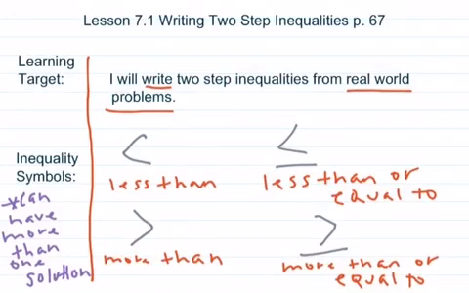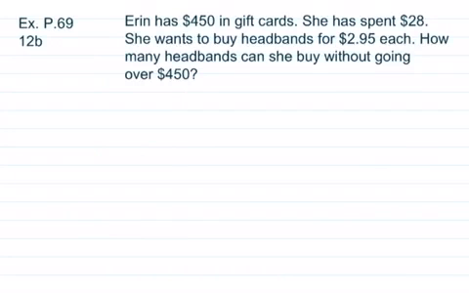Now that we have the symbols cleared up, and again, this should be a review from last year, let's look at a word problem and actually write our inequality. This word problem is out of page 69 in your book, example 12b. I changed a few of the words a little bit.